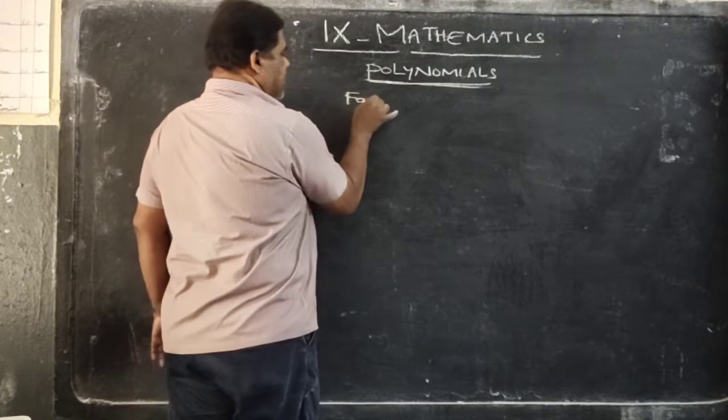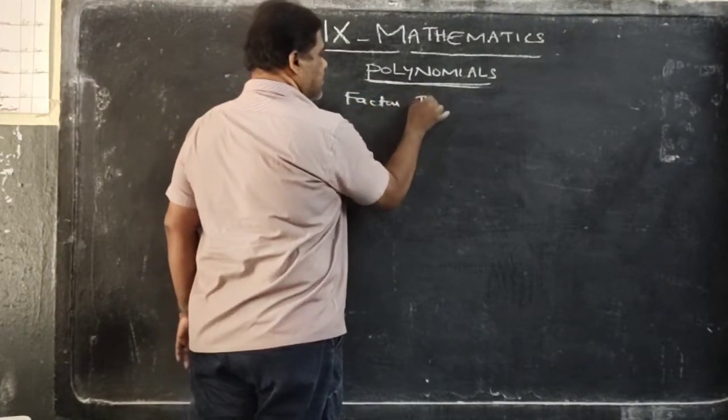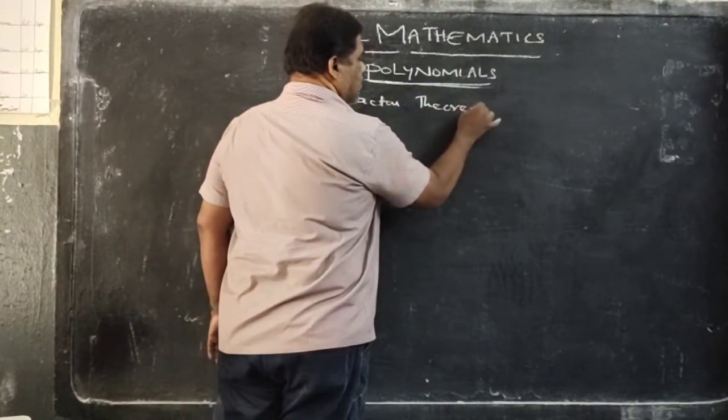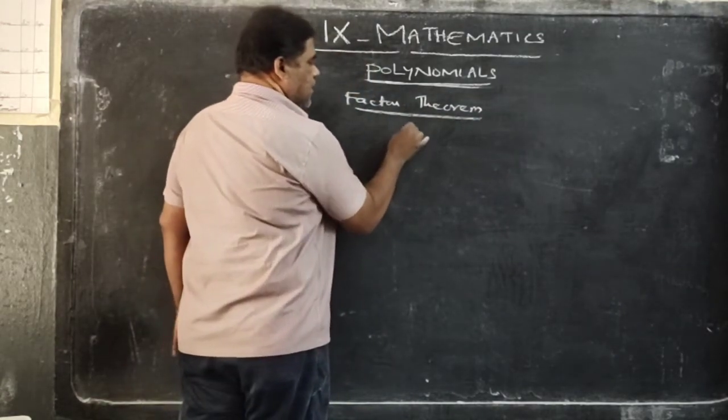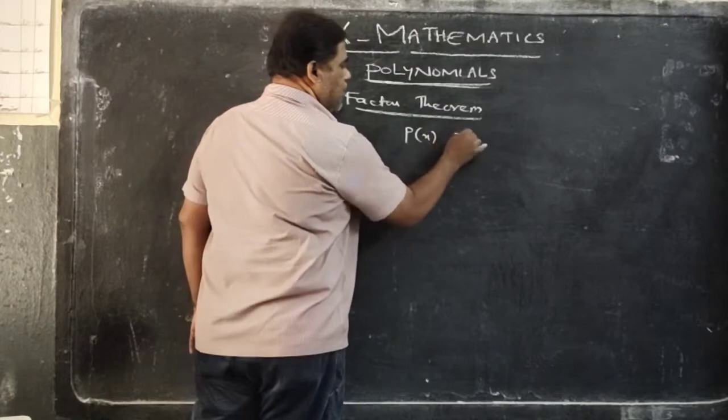Next we completed the factor theorem. Suppose p of x is a polynomial.